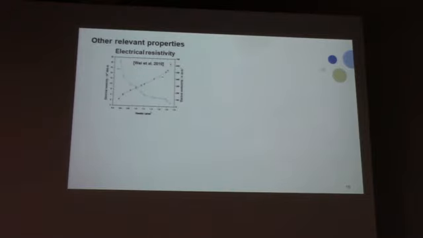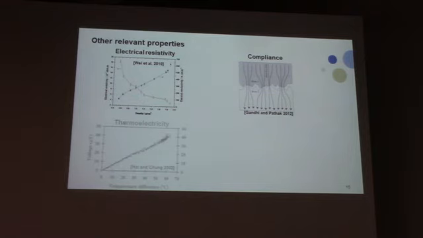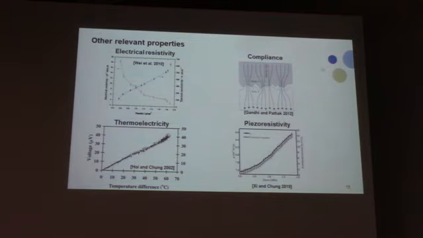Other relevant properties: electrical resistivity, which is very linked to thermal resistivity. Compliance, which is very important because this is a material which is a bit soft, and improves the heat transfer with the other material. Thermoelectricity, and piezoresistivity, which is a pretty new work.